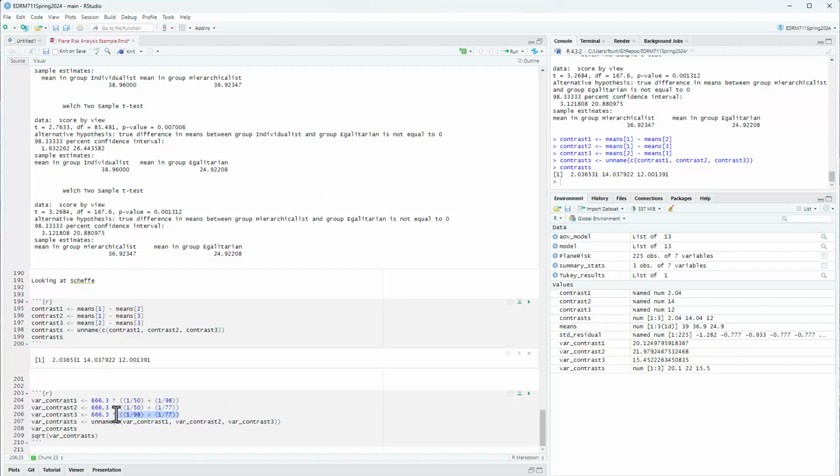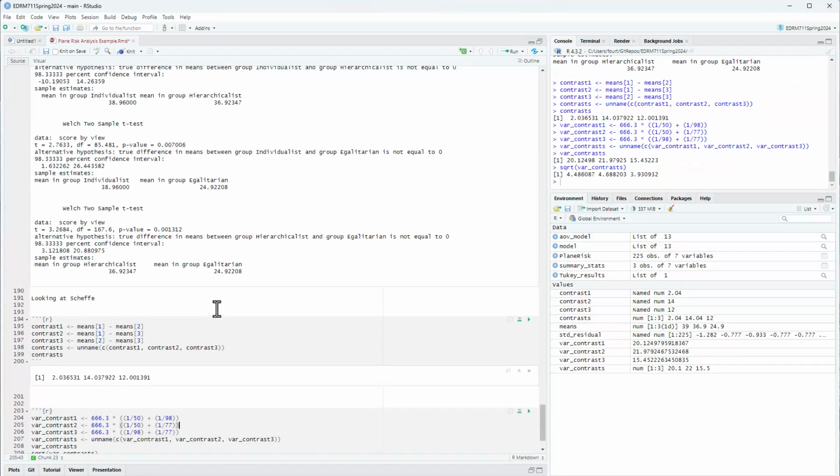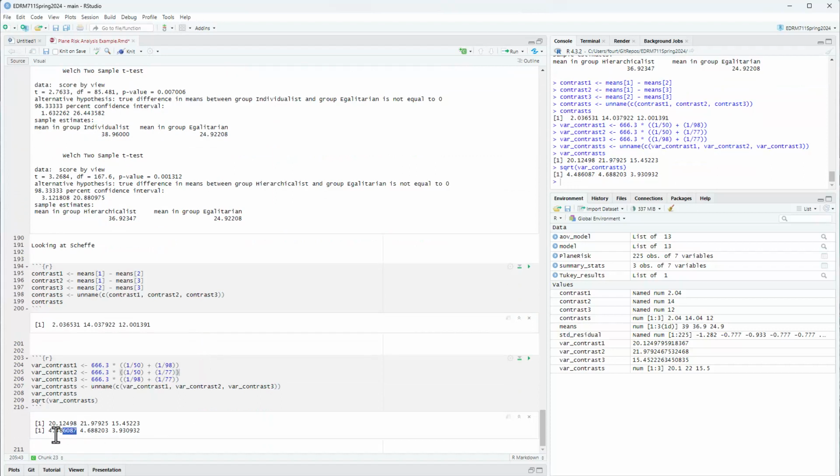And this one was hierarchicalist contrasted with egalitarian, and we created the variance of those contrasts. And I also went ahead and looked at the standard error for each of those particular contrasts. Let me actually formalize that standard error by going ahead and storing it so that we have the standard error of contrast. Okay, and I'll go ahead and print it out again. So you'll see I haven't changed anything. I just stored it.